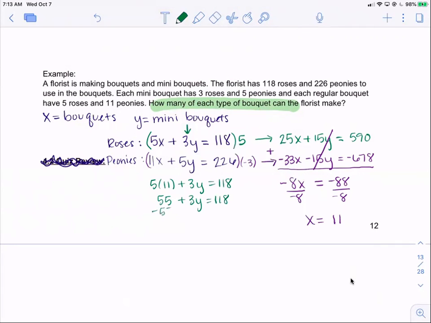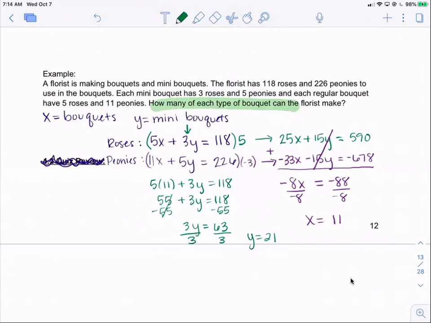Subtract 55 on both sides. So 3y equals 63. Divide both sides by 3, and y equals 21.